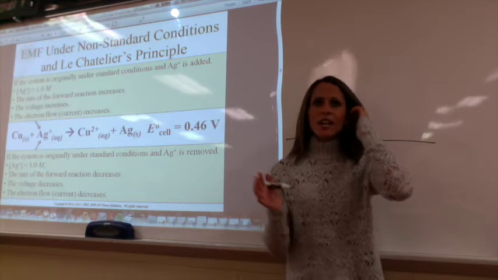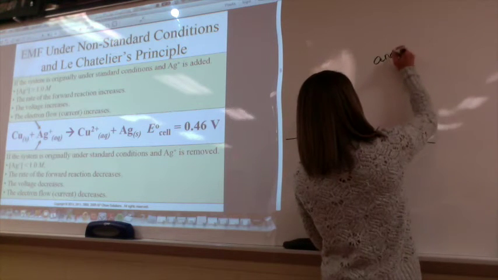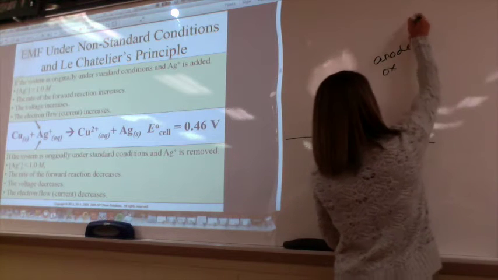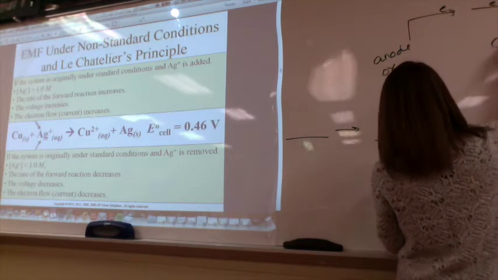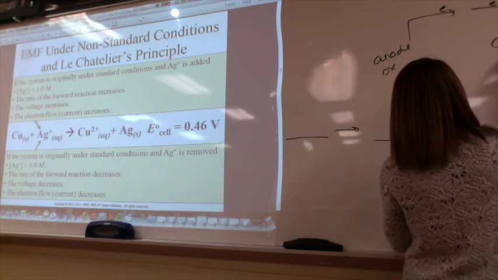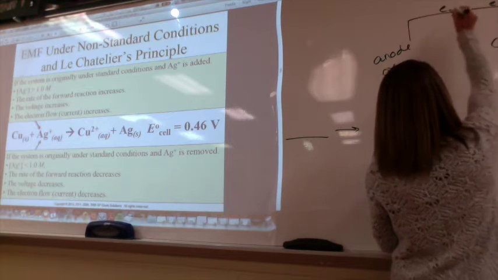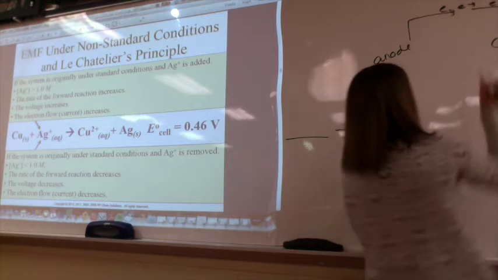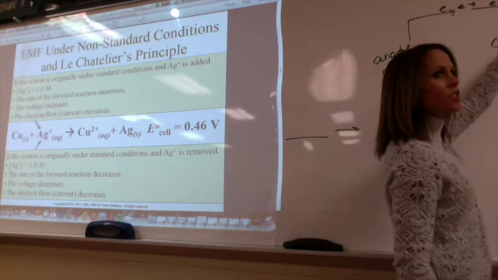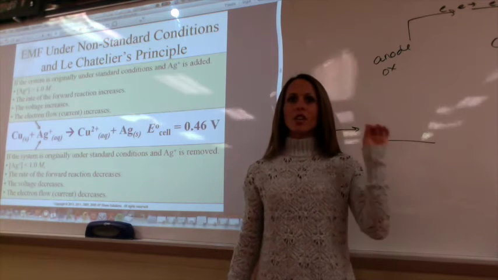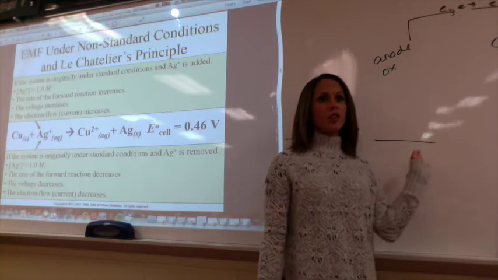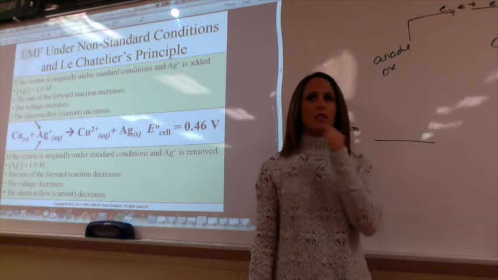Here's the reason why. If we're going from the anode, which is where oxidation takes place, and electrons are flowing this way, right? And they're going down here to the cathode where reduction takes place and the electrons are being accepted. As the electrons flow this way, is it possible for the electrons to flow from the cathode to the anode? No. So you never can go left side favored. You can't shift a reaction left when it's electrochemistry.